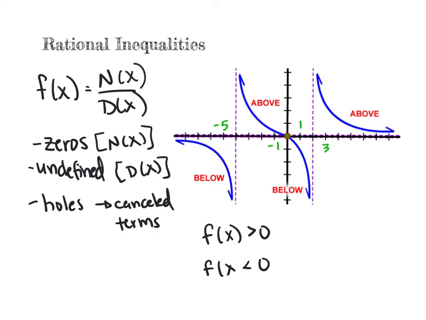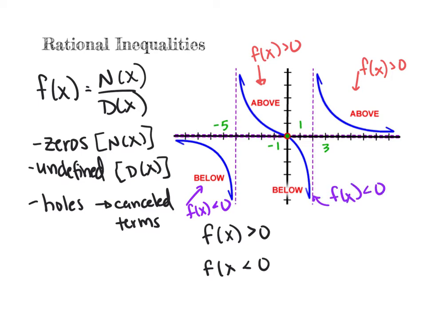So every place that it's above, f of x is greater than 0, and every place that it is below the x-axis, we know that f of x is less than 0. So all it's really saying is where are the values either above or below that x-axis.